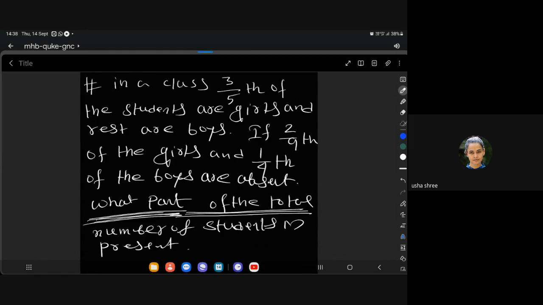Okay. See, in a class, 3/5 of the students, that will tell you the total number of students. You have to assume out of the total students, 3/5 of the students are girls and rest are boys. If out of the total girls, 2/9 of them are absent, and out of the total boys, 1/4 of the boys are absent, then what part of the total number of students is present?